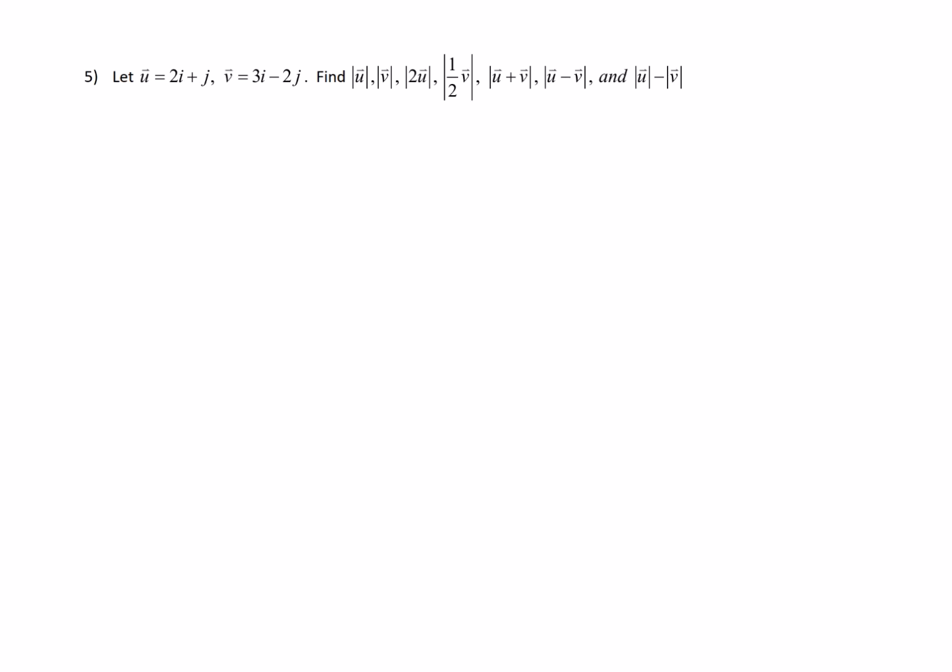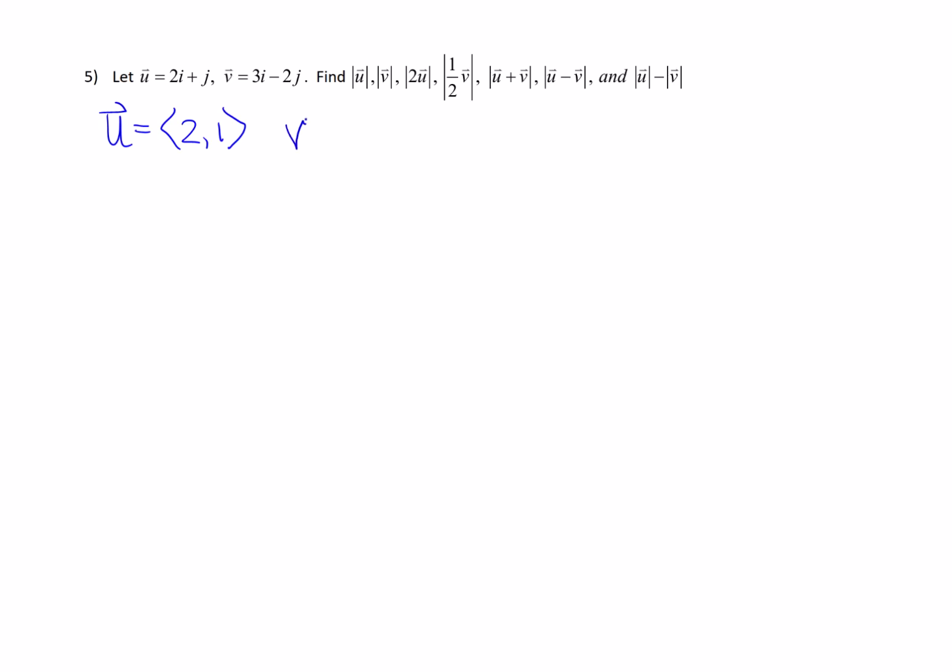You might find it preferable to rewrite vector u. Okay, so it was given as 2i plus j. Well, that's the same thing in component form as 2 comma 1. And then you can easily spot the a and the b, a being the horizontal component and b being the vertical component. That might be preferable, as you'll see, but you don't really have to write it that way.